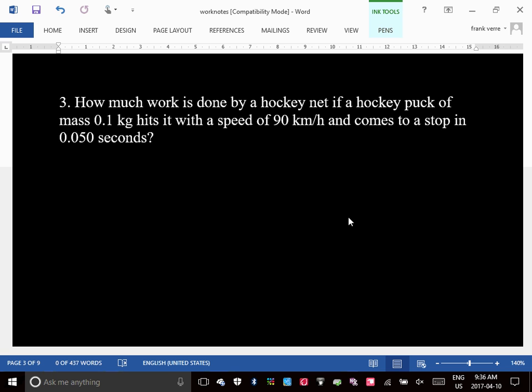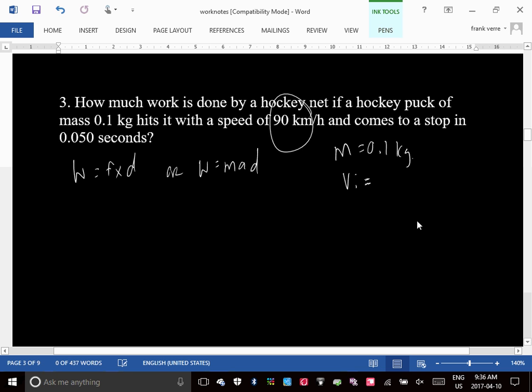Well, let's start with what we know. What's your equation for work? Work is force times distance, or we could use W equals mad, right? Okay. Now, let's write down what we have. We have the mass, which is given, 0.1 kilogram. We have the initial speed, which is 90 kilometers per hour.